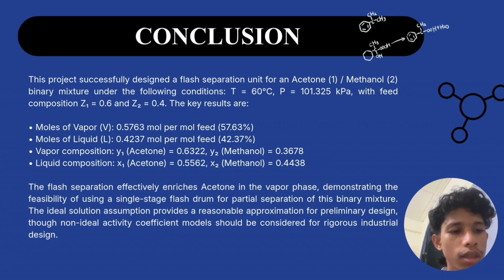In conclusion, the single-stage flash drum is a feasible method for the partial separation of this binary mixture, enriching acetone in the vapor phase. While the ideal solution assumption utilized here is suitable for preliminary design, it is recommended that non-ideal activity coefficient models be applied for more rigorous industrial-scale applications.